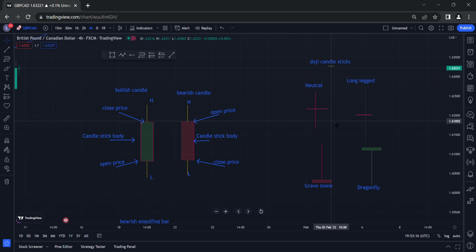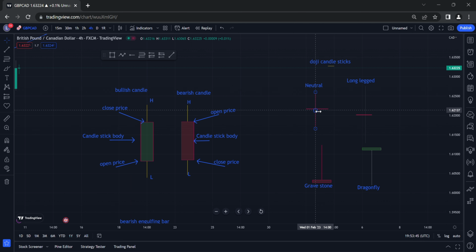We have the doji candlesticks, which are the neutral doji, the long leg doji, the dragonfly doji, and then the gravestone doji candlestick.